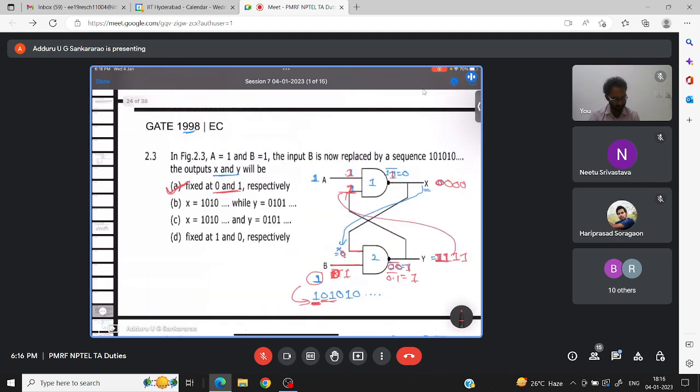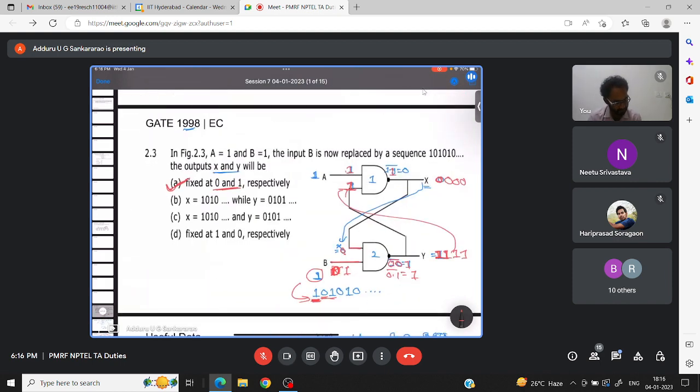So in the first case what we have seen, if gate 1 is faster, first X is 0 and Y is 1, and when you replace with the sequence 1 0 1 0 1 0, X continues at 0 and Y continues at 1.